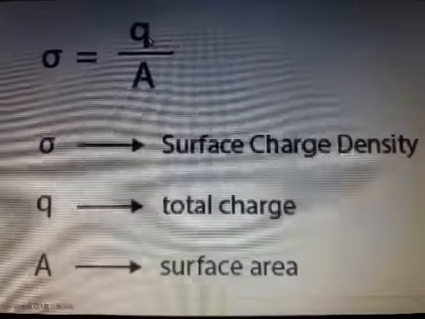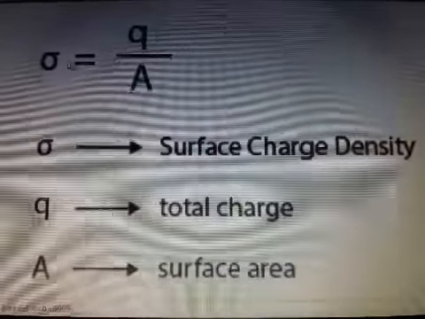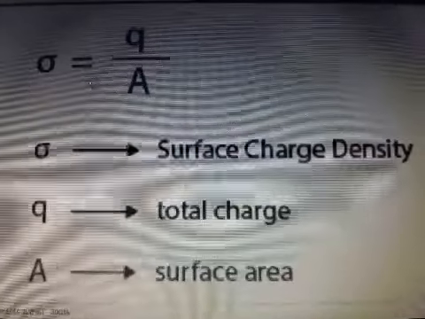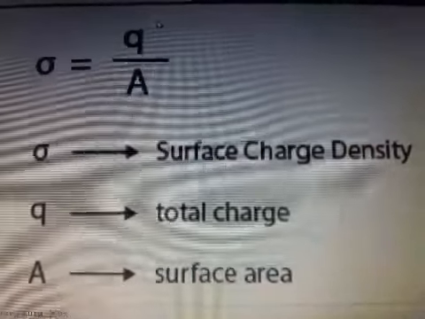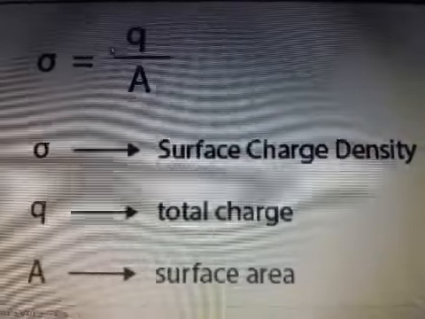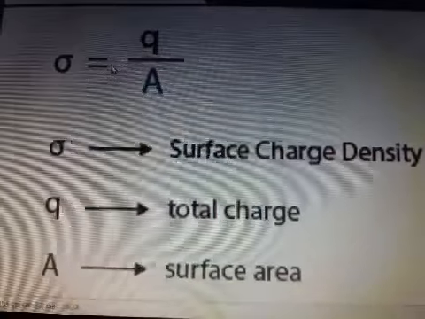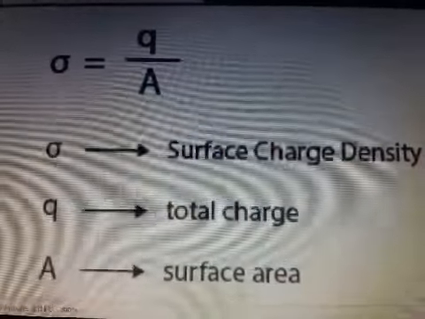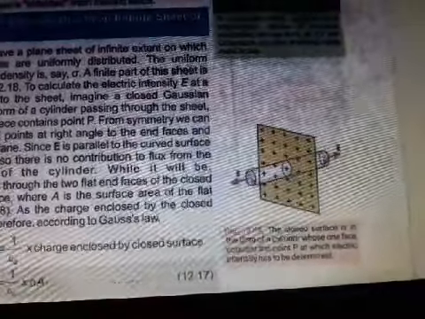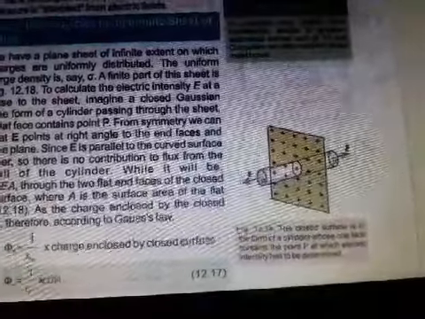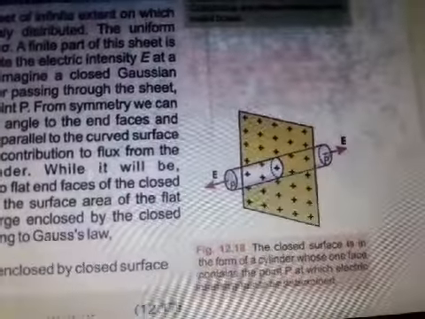So total charge will be calculated by sigma times a. If sigma is multiplied by a, this will be equal to the total charge enclosed within the surface. So let us continue. Let us have a positively charged surface and we want to calculate electric field intensity at point P on both sides of the surface as shown in the figure.